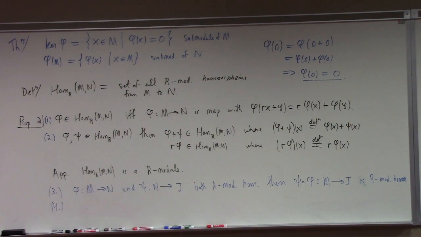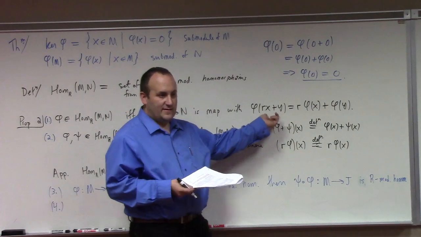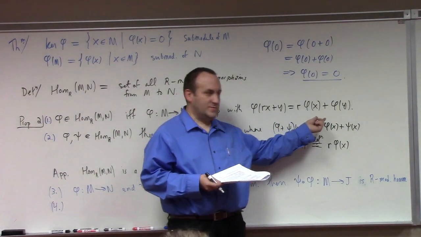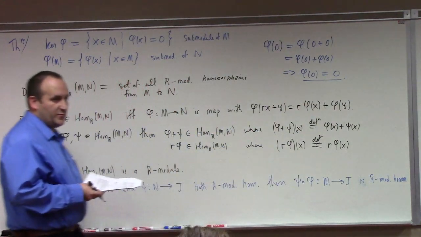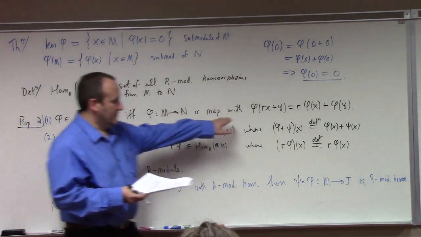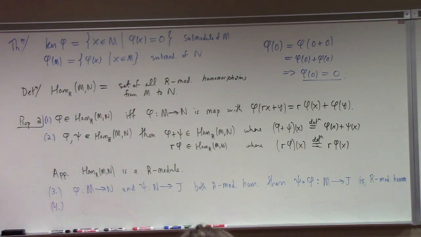If you use part 1 of the proposition, you can just check that the composite of rx plus y is r times the composite acting on x plus the composite acting on y. So the proof is just to show that the composite has that. If you can show that, then you've shown that the composite is an R module homomorphism.